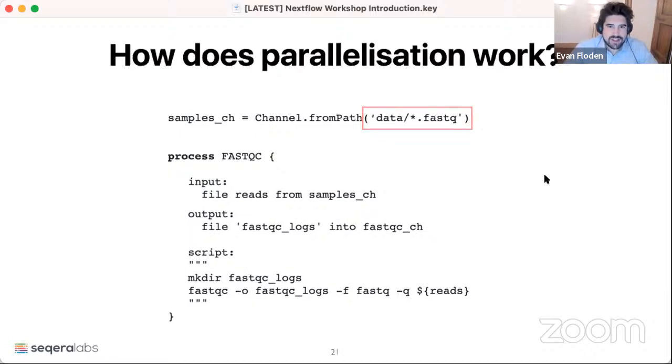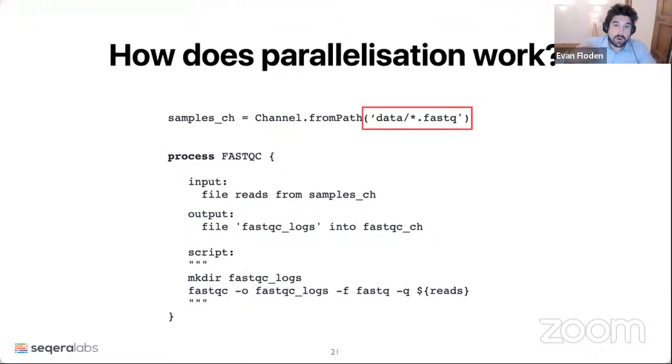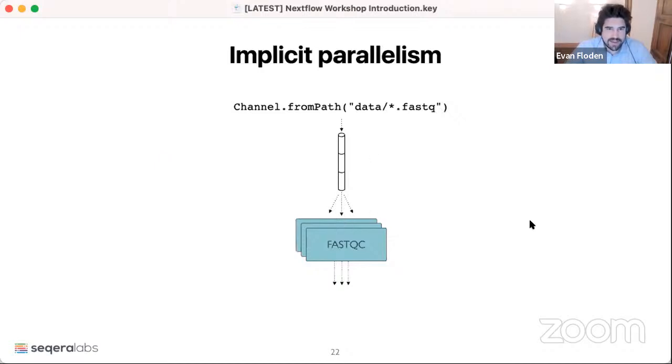If we simply change the channel definition and say, actually, I want all my FastQ files run through, then for every one of those FastQ files, this would run through as well. And this would be the result of that parallelization. You can visualize this in a slightly different way here, where I've got the individual channels going through with the individual data files and resulting in that as well.